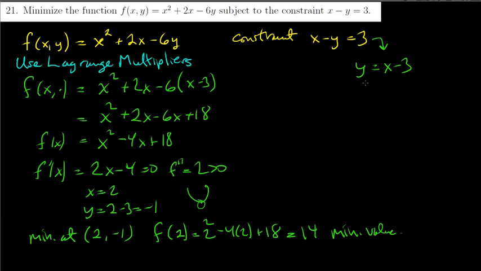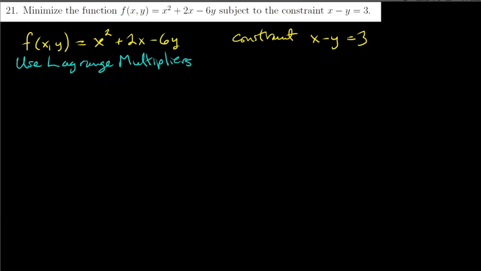I want you to use Lagrange multipliers. The equation for Lagrange multipliers is gradient of f equals lambda times gradient of g. And then don't forget the constraint equation. The gradient of f is 2x plus 2, and the y partial is just -6.